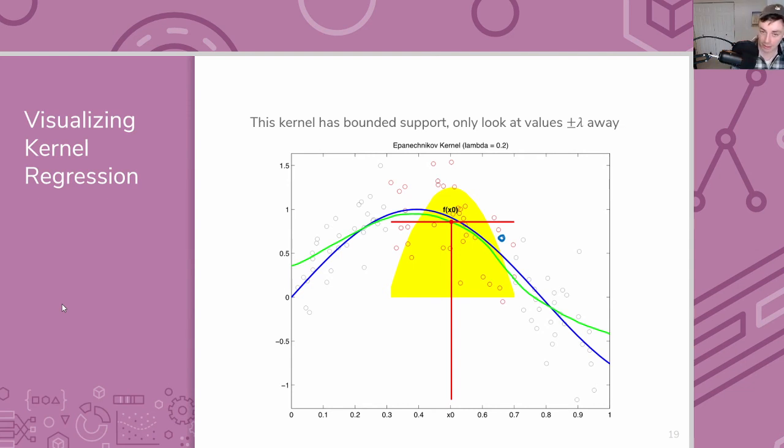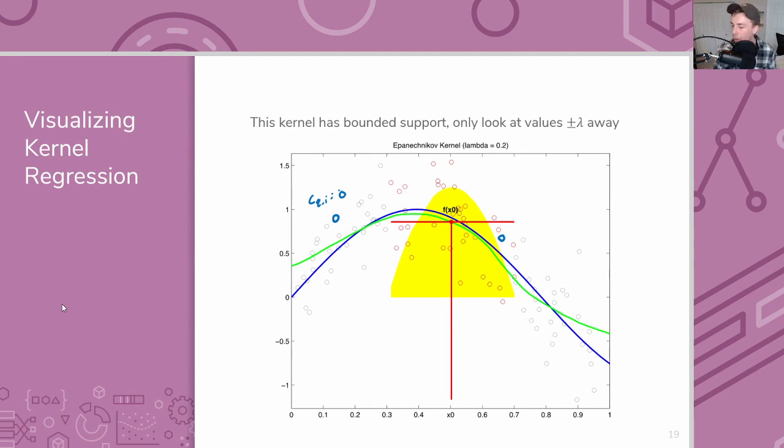Now, for many of these points in the data set, the weight is going to be 0, because the Epanechnikov kernel has value 0 if you're out more than lambda away. We're still technically adding it in, but weighting it by 0, so it doesn't do anything in reality.